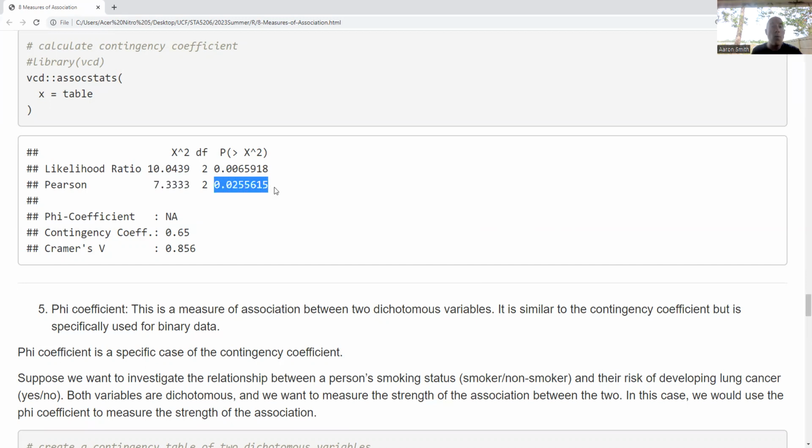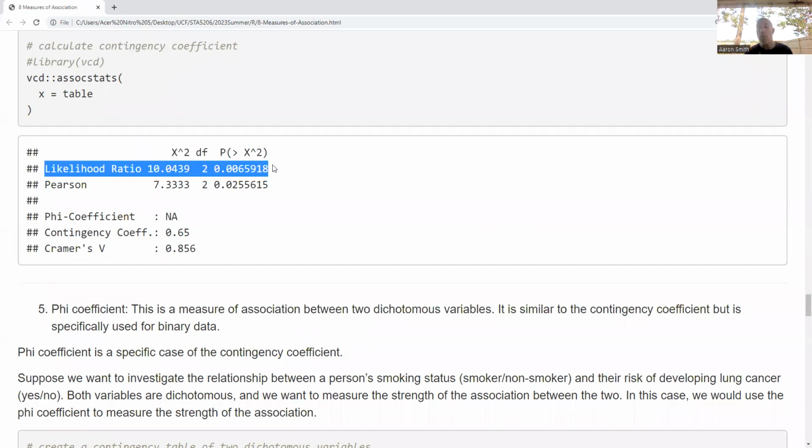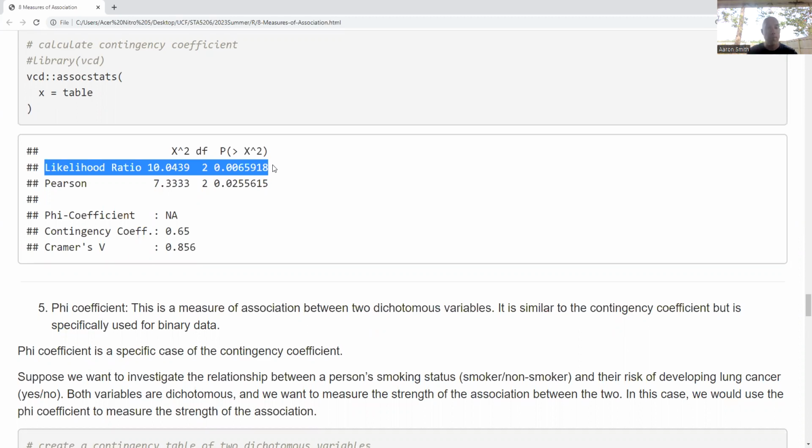Here is the p-value. So we see that there is statistically something, or there's statistical significance on this hypothesis test. We can also do a likelihood ratio test, depending on which one you feel more comfortable with. My experience is that Pearson's chi-square test, more people are familiar with it, so that's the one I will choose to use most of the time.